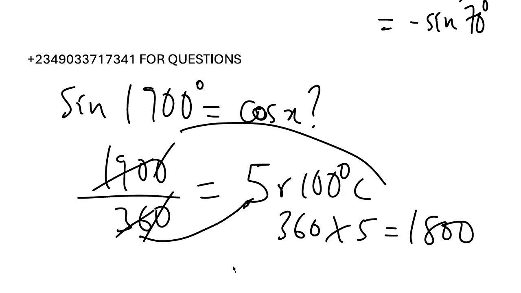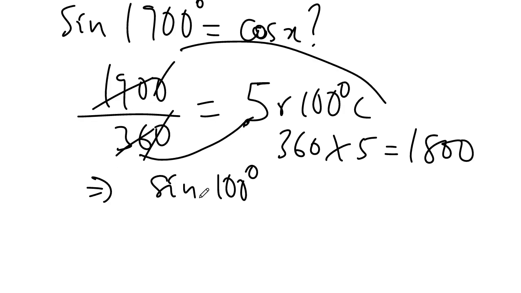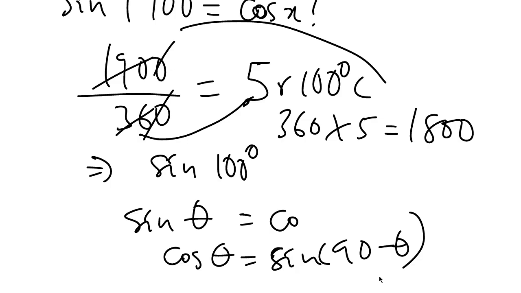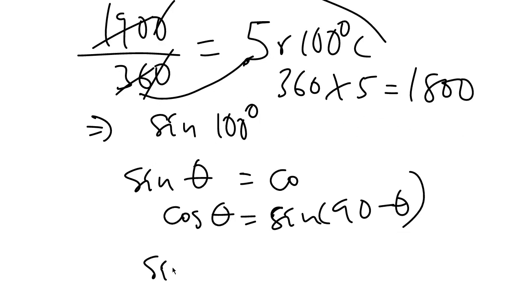So that means that sine 1900 is same as sine 100 degrees. And then using the fact that cos theta is equal to sine 90 minus theta, we can therefore say that sine 100 is equal to cos 90 minus 100.